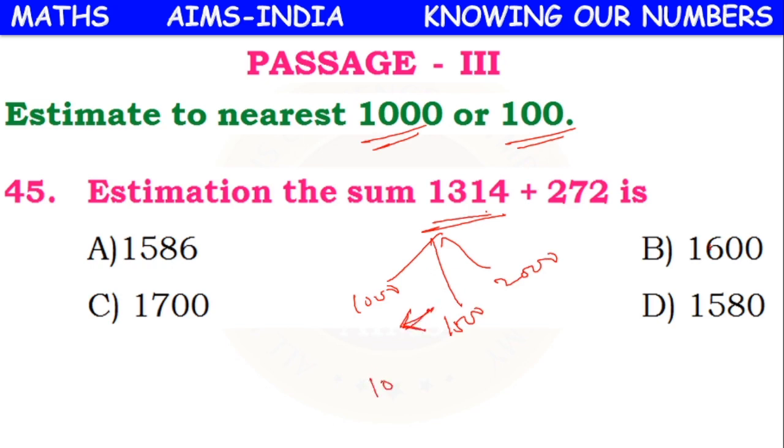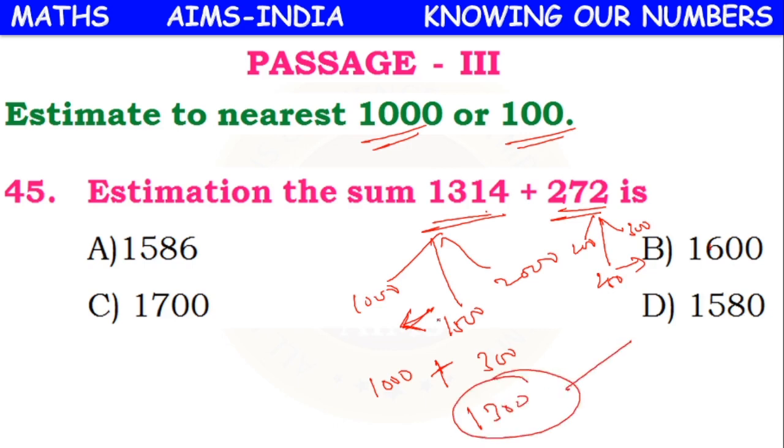So we can take it as 1000 plus 272, between 200 and 300. Between number 250. 272 is to the right of 250, so we can take 300. The sum is 1300. If we take to nearest 1000, the answer is 1300, so there is no correct option.